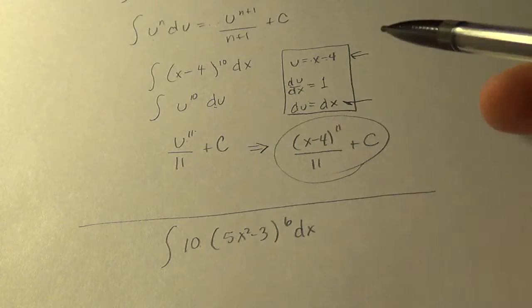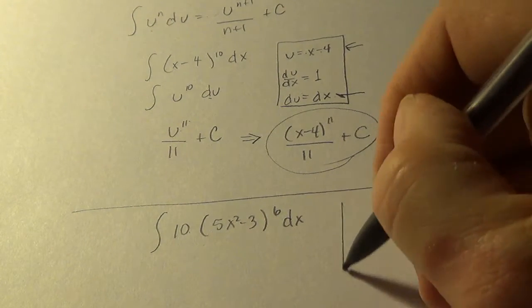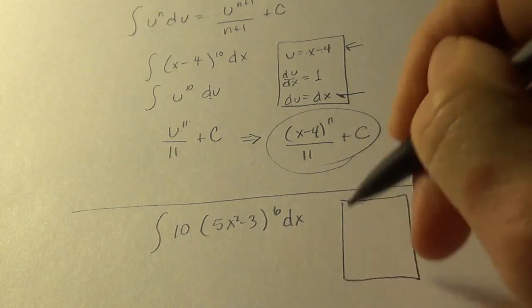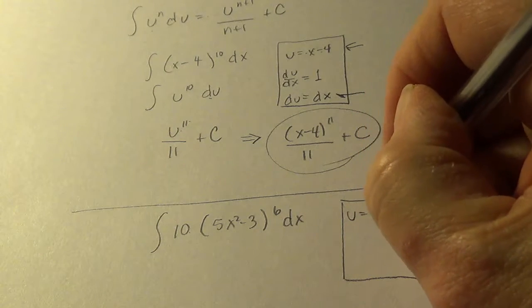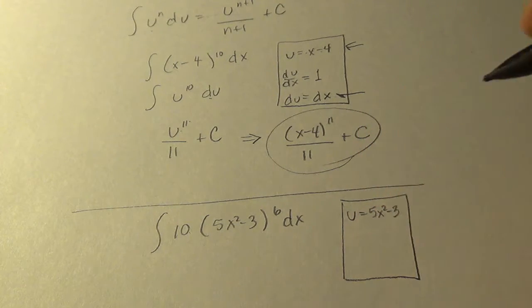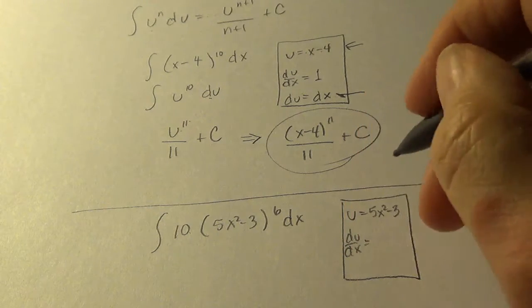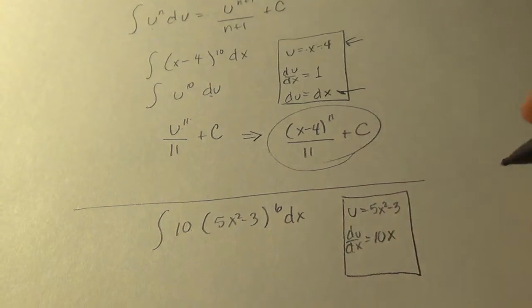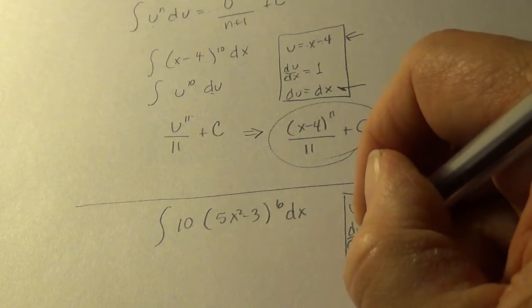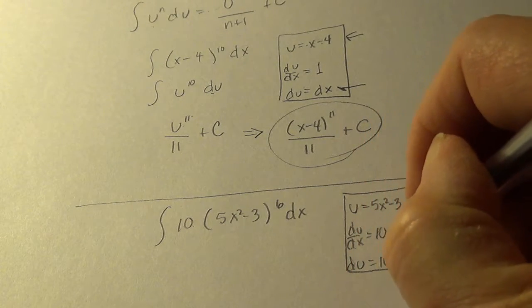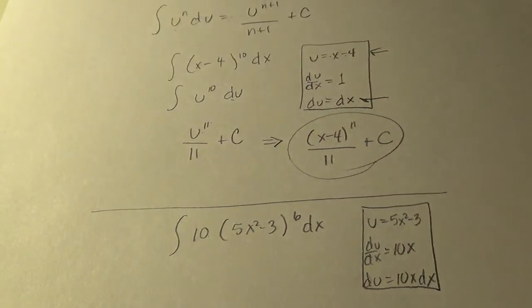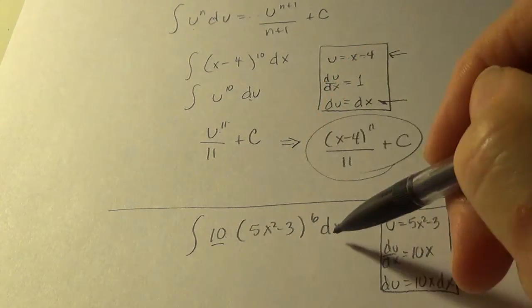And you'll see where the 10 comes out to play in a minute. So I'm going to say u equals 5x squared minus 3. So du dx is the derivative of that, 10x. And now I solve that just for du. I get 10x dx. So here's my 10 and my dx.